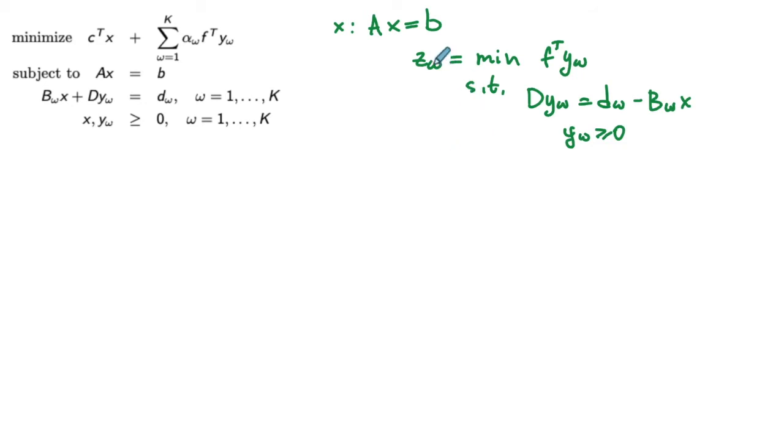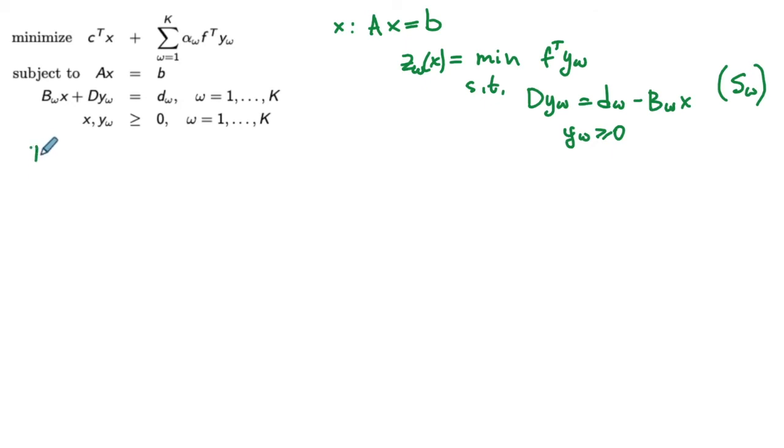And of course the optimal objective value here depends on x, so let's make it more explicit and use the notation z omega of x here. Let's denote this LP by S omega, so this is our scenario problem. And of course, we want this problem to be feasible in order for our stochastic LP to be feasible. But if it is not for some x, then we will set the corresponding value to plus infinity.